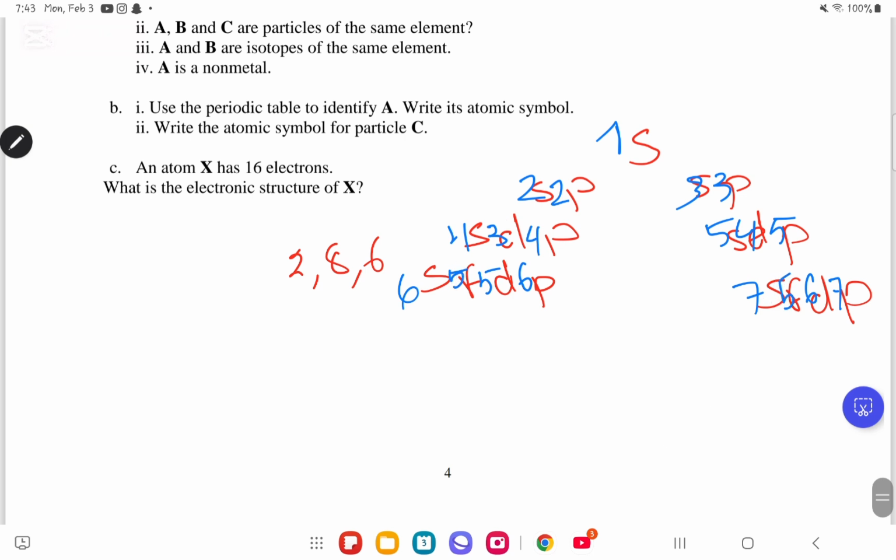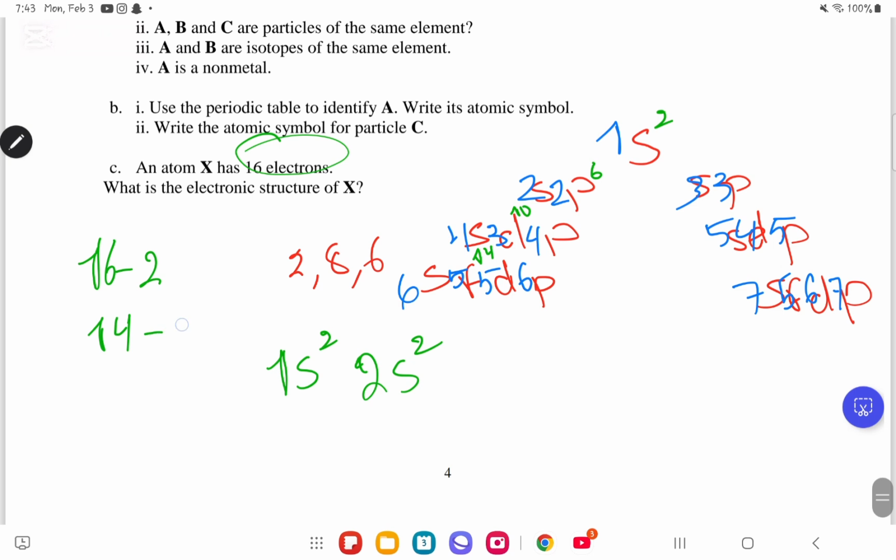So if we're going to do the electronic configuration that has 16 electrons, remember s holds 2, p holds 6, d holds 10, and f holds 14. So first it's going to be 1s2, so 16 electrons minus 2, we are left with 14. Then 2s2, so again minus 2, we are left with 12. Then 2p6, minus 6, we are left with 6.